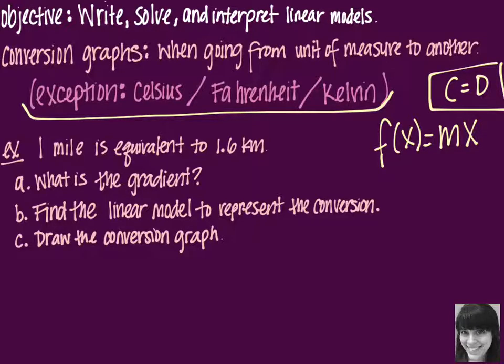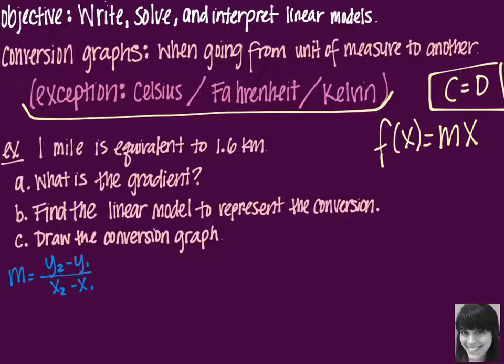Now, you can choose either mile or kilometer to be your x and the other one will be your y. However, you want to think about putting whichever one is 1 as the x, because in your gradient formula you have m equals y2 minus y1 over x2 minus x1, right?